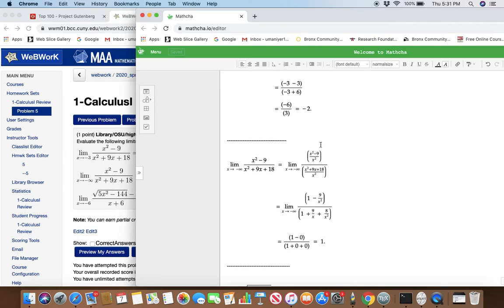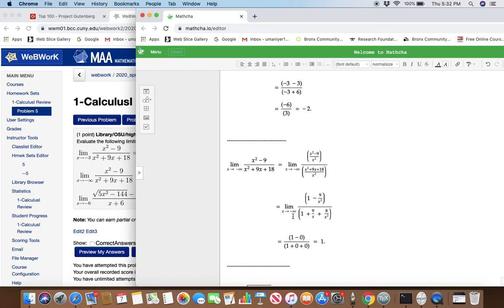Division distributes. I get 1 minus 9 over x squared. Downstairs, division distributes: 1 plus 9 over x, and there is no x, so 18 over x squared.